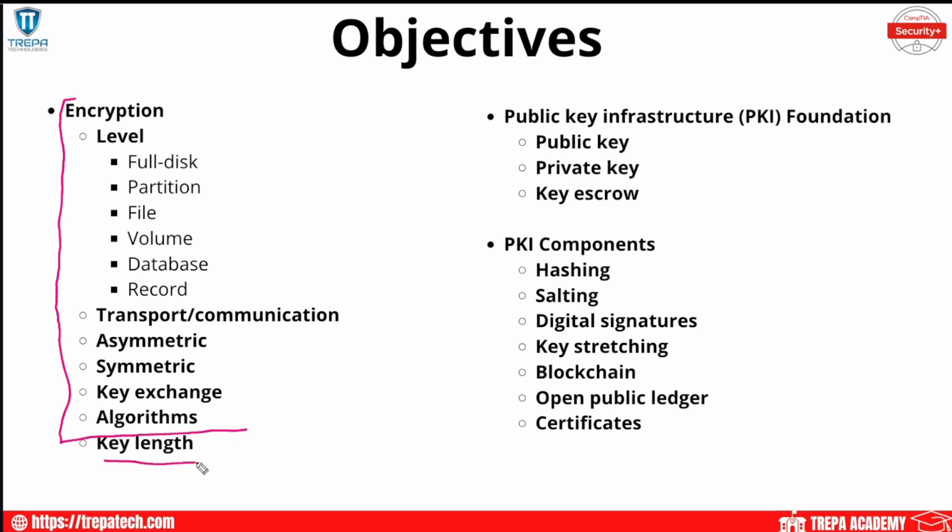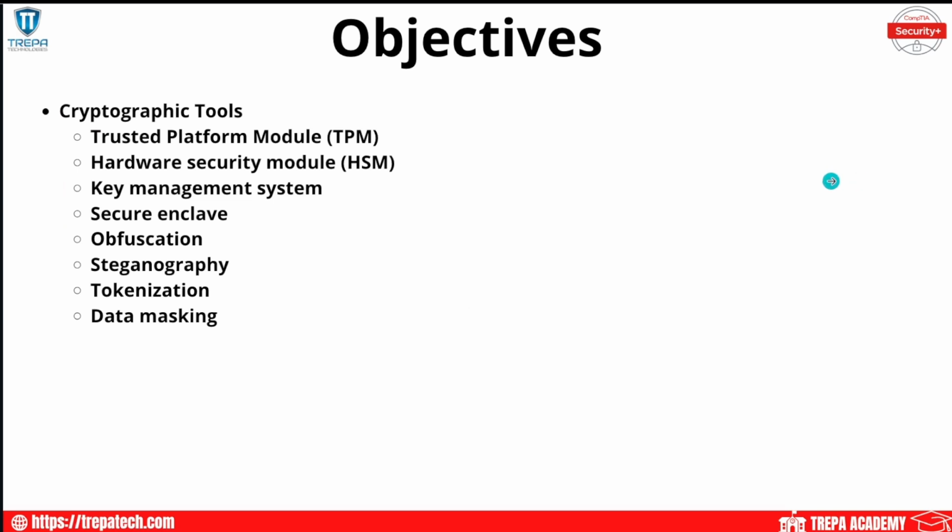Then key length, I think I put over here with key stretching. I can't remember exactly. Then the next video is going to be going over PKI, and then we're going to go over PKI components. And lastly, we're going to go over some cryptographic tools, so that's going to be things like TPM, hardware secure modules, key management systems, tokenization, things of that nature.